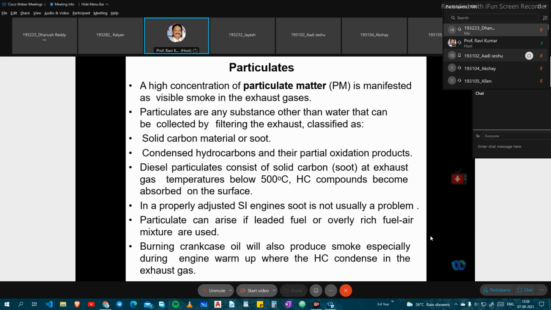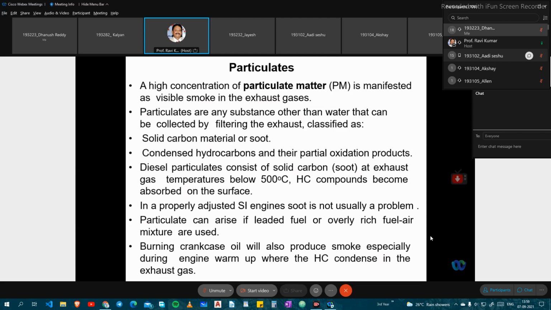Particulate can arise if leaded fuel or an overly rich fuel mixture is used. Burning crankcase oil will also produce smoke, especially during engine warm up, when the hydrocarbons condense in the exhaust gases. These are all particulate matter in diesel engines or petrol engines.